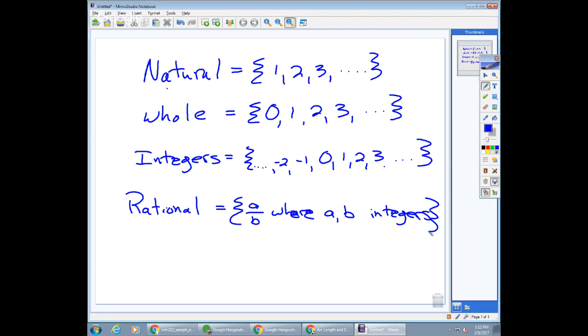B can't be 0, otherwise we don't have a number. Just for example, those are numbers like 1/2, -3/4, 17/5, and so on. Pretty much any fraction, positive, negative, even numbers like 2/1, right?